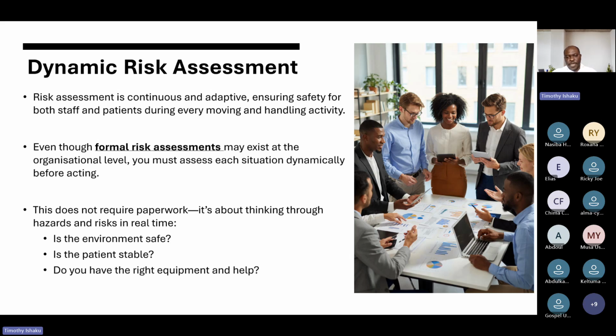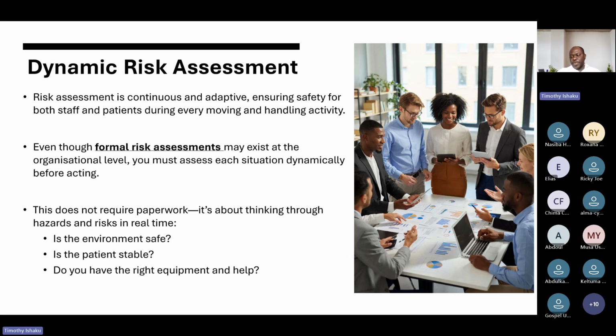Every single time we go and see patients, support patients, or move equipment, whatever we are doing, we need to assess those situations to make sure that it's safe for us to do those things. And this does not require us filling in paperwork. It's all about thinking through the hazards and the risks in real time.